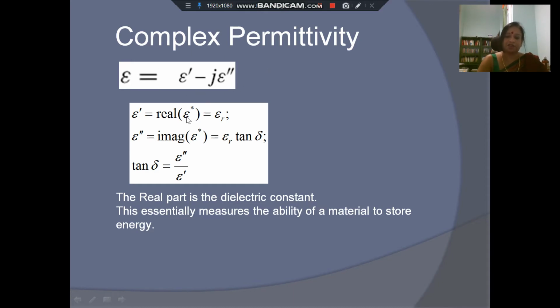Epsilon dashed is the real part of the permittivity, and that is nothing but epsilon R, or the dielectric constant that we discussed in the previous slide. Apart from that, we have the imaginary component epsilon double dashed, and epsilon double dashed is related to the real component by this quantity epsilon R tan delta. So epsilon R is the real part, it is the dielectric constant, it measures the ability of the material to store electrostatic energy.